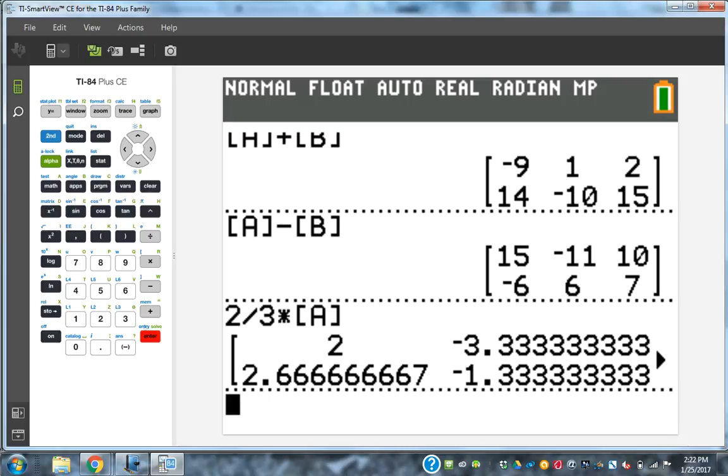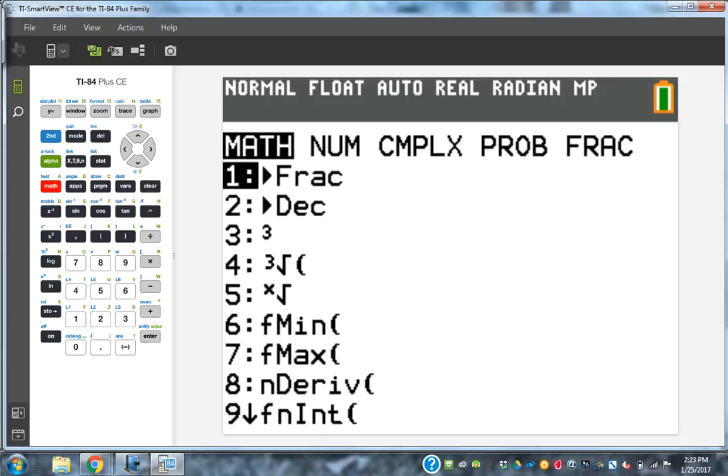If it comes back as decimals, well, some of you that had me before, my rule is that if it didn't have a decimal in the original problem, then the answer shouldn't have decimals. It should be fraction form. So this was fraction form to begin with. It didn't have decimal points in there. So I need to change those back to fractions. The way you do that with the calculator is you press the math button and then enter twice.